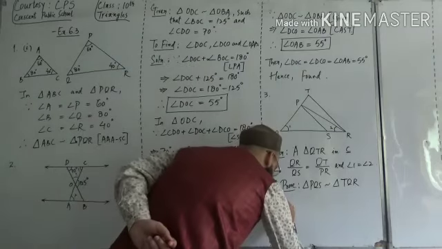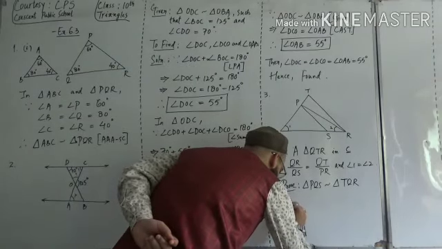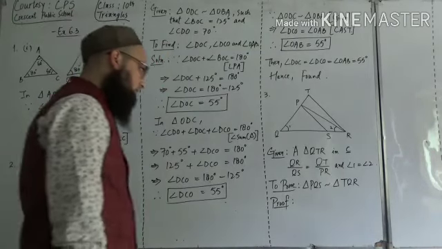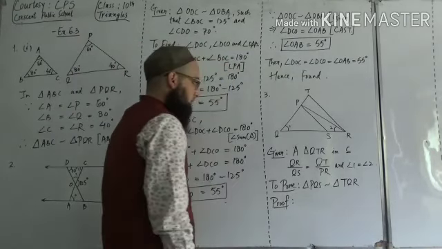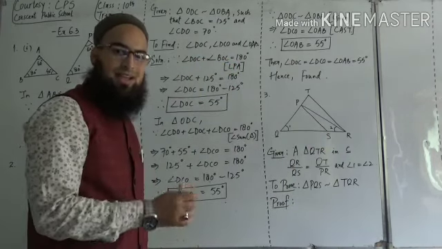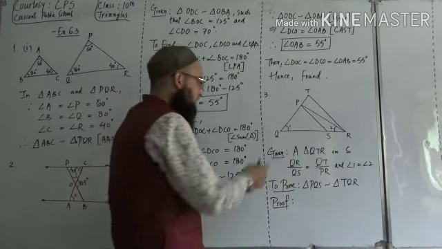See, first of all, angle 1 is equal to angle 2, so sides opposite to these angles are equal.